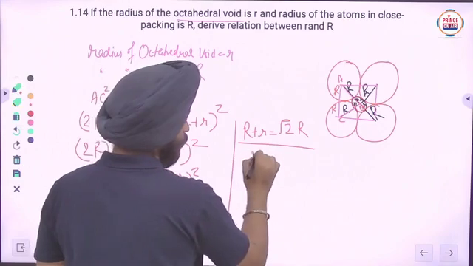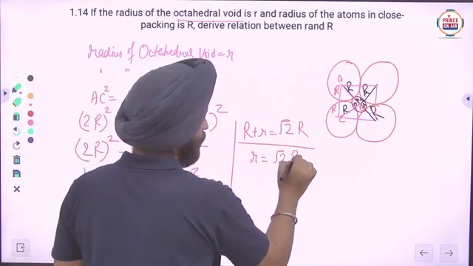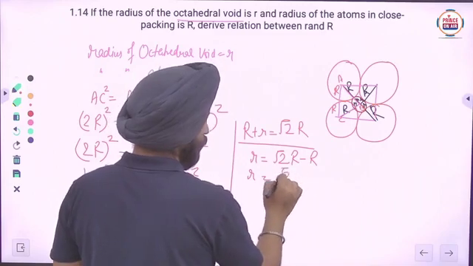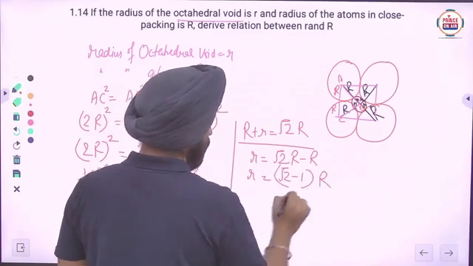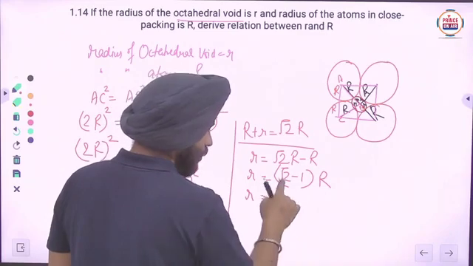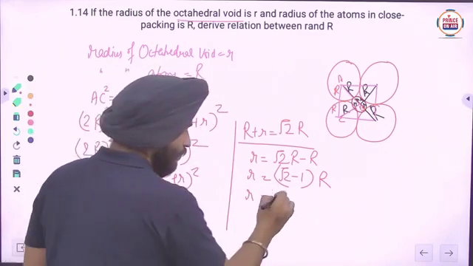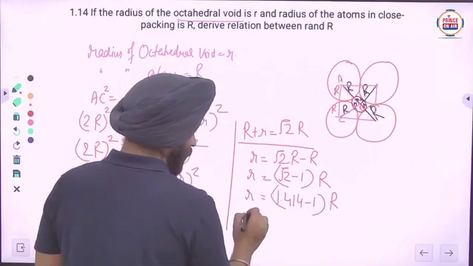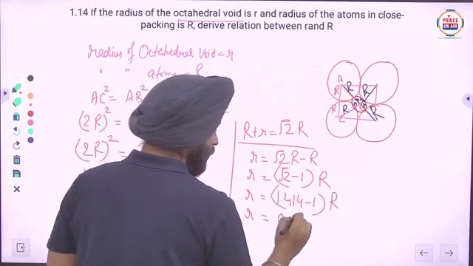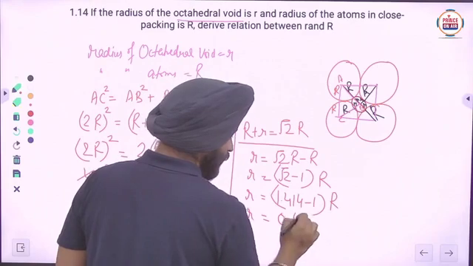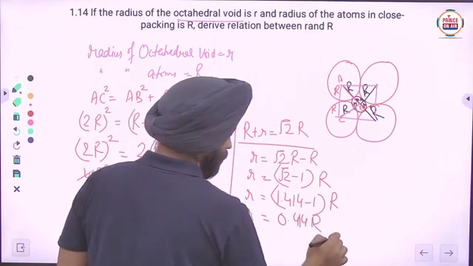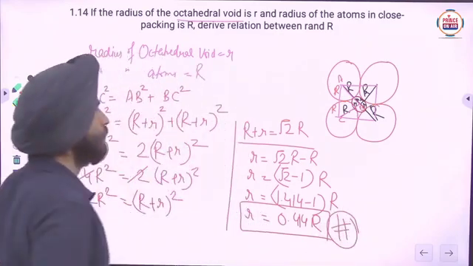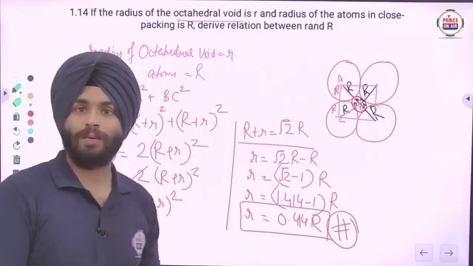And here small r will come out to be root 2 R minus R, so r will be root 2 minus 1 into R. The value of root 2 is 1.414, minus 1 into R, and it will be 0.414 R. So that is the actual relationship between small r and capital R.